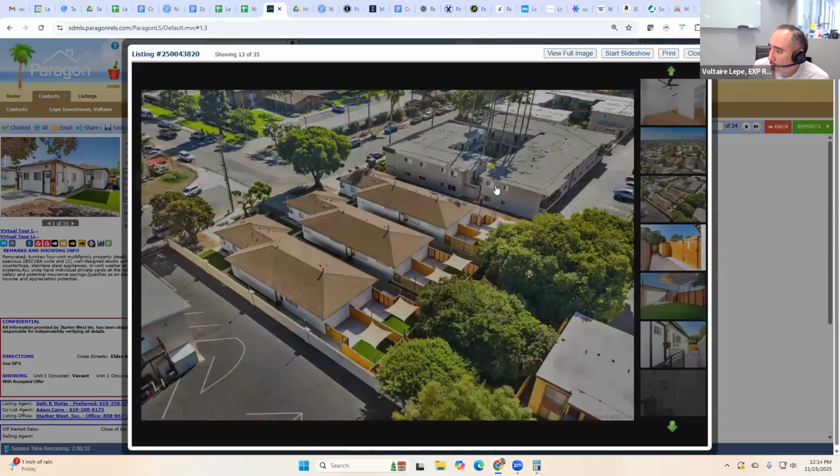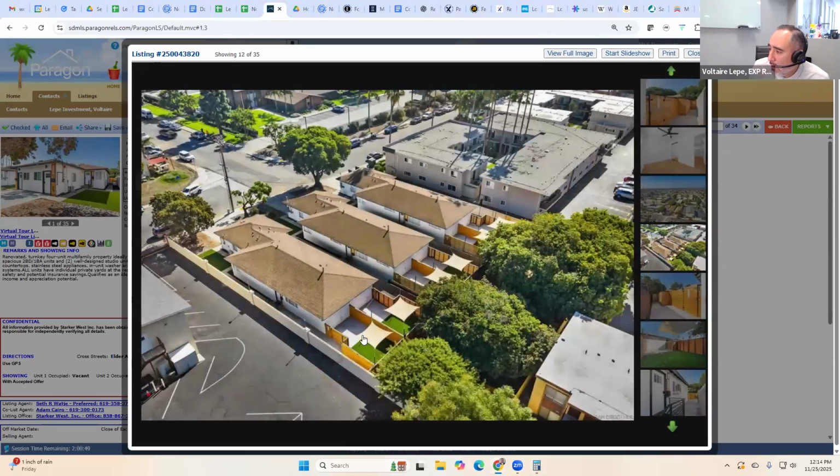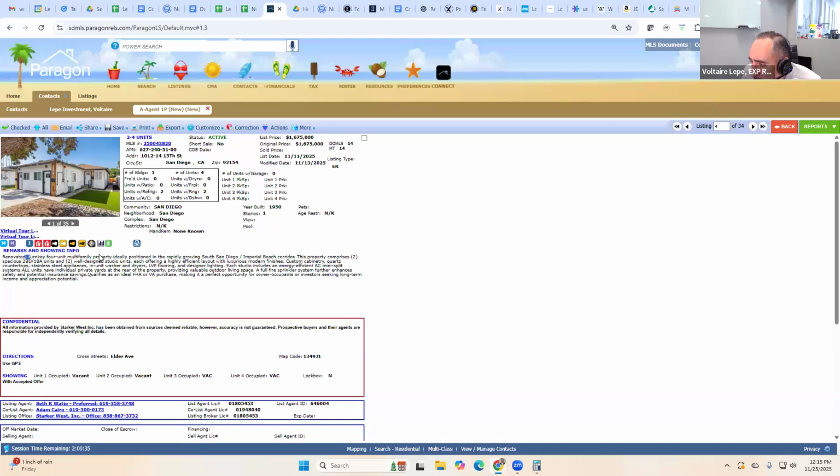But it looks like they did a good job. We flipped to the photos. It looks like they all have one, two, three, four, five, six. Huh. So six little yards. So they might be selling this duplex together, and this is like a separate one. I'm not sure. Let me see. Renovated turnkey, 4 unit multifamily.